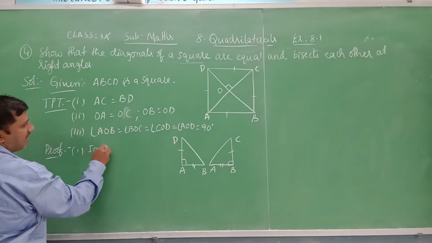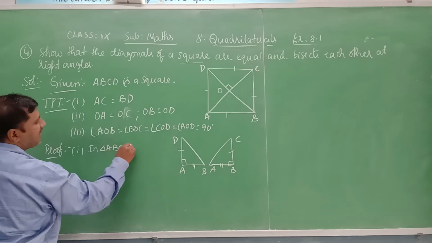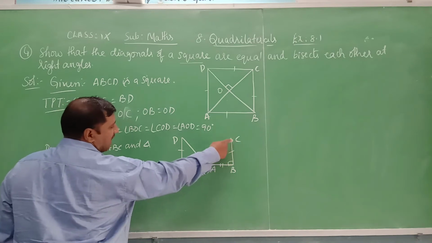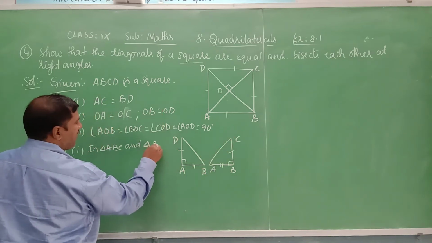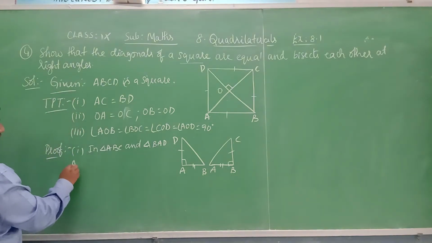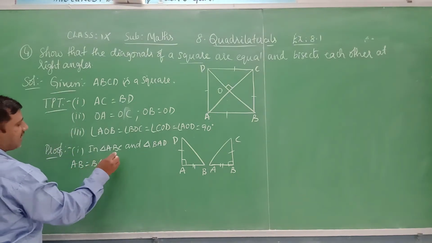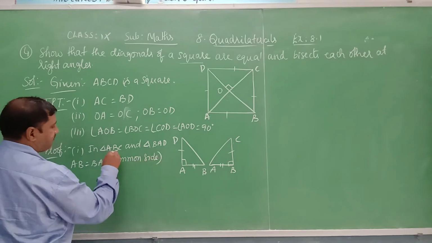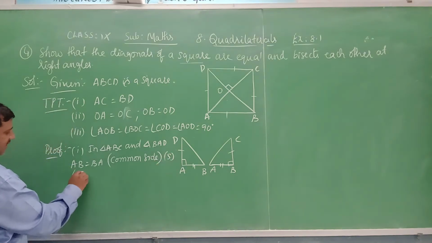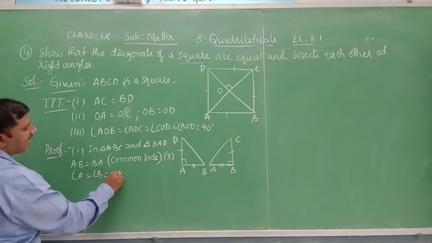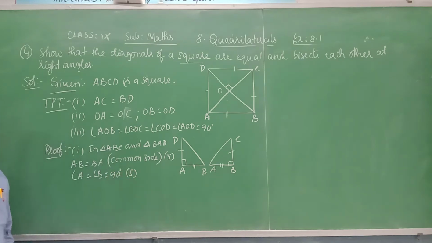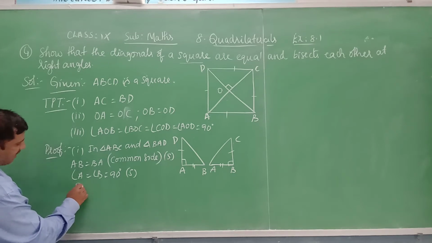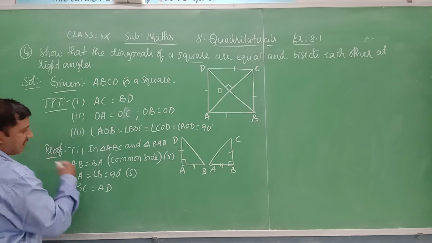Now, in triangle ABC and triangle BAD, AB is equal to BA. That is the common side for both the triangles. That is side. And angle A is equal to angle B. That is 90 degrees. Each angle is 90 degrees in the square. Now BC is equal to AD.